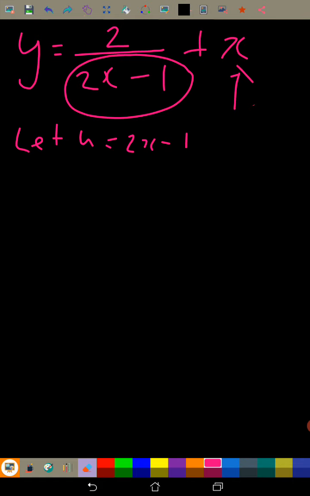So which will give us, if we go by terms, differentiating by terms, yes, or we say chain rule, we can say chain rule also, because that's what we're going to do. So we will have u here.